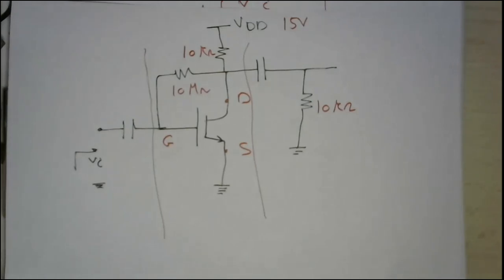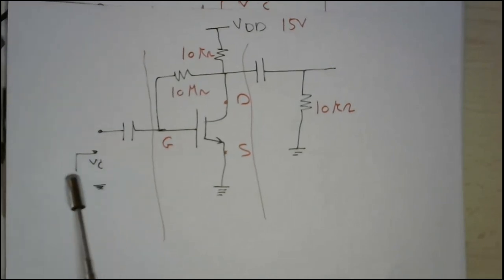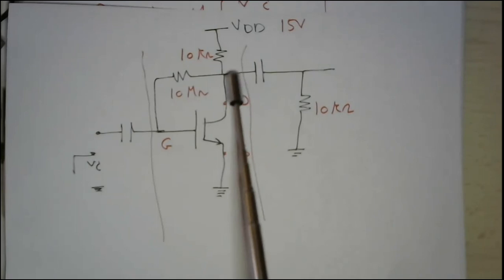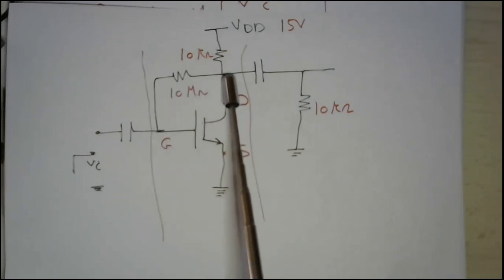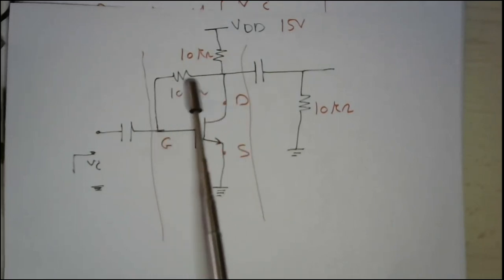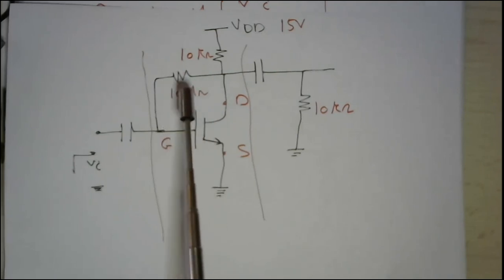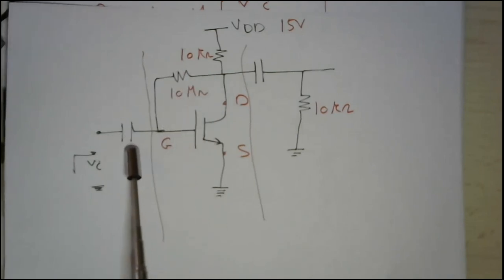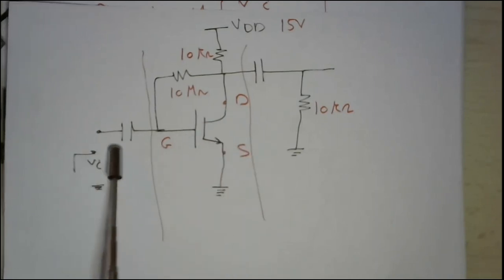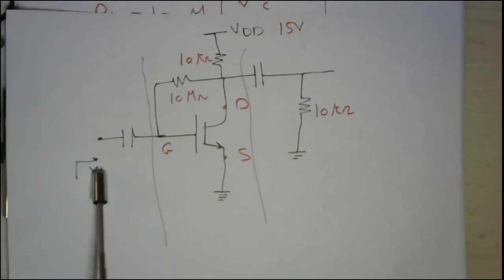However, in this case, you should assume a DC input biased to the offset, because the DC gate voltage came from this link. If you open circuit this link, the gate will be without a DC component, which is what we illustrated in the beginning of this part, and the MOSFET will not work. So we have to have a DC offset here.